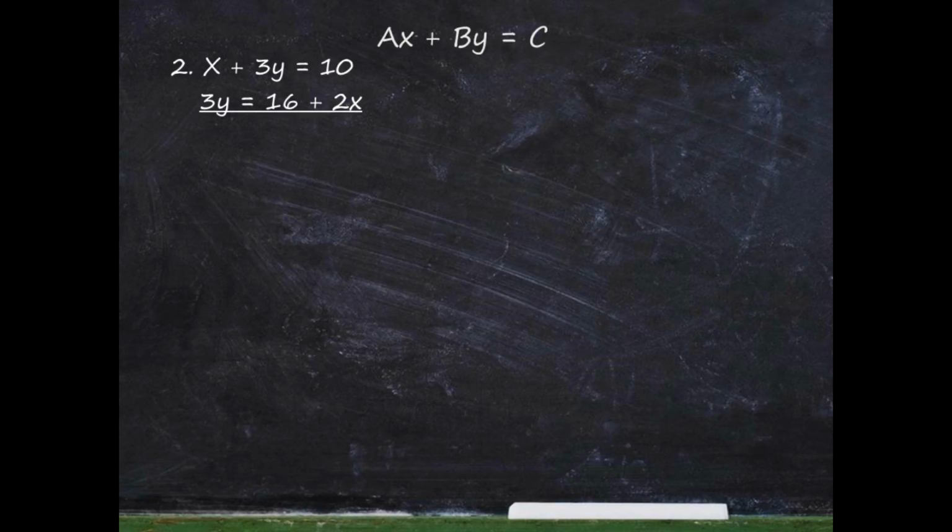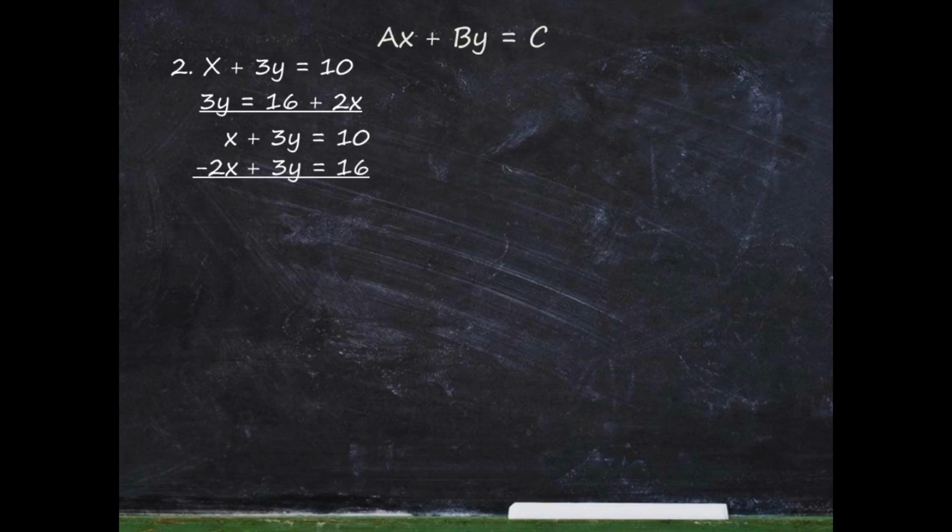For our next example, x plus 3y equals 10 and 3y equals 16 plus 2x. As you can see, the second equation is not in standard form, ax plus by equals c. So we will make this into one by transferring 2x to the other side and it becomes negative. So we will have negative 2x plus 3y equals 16.